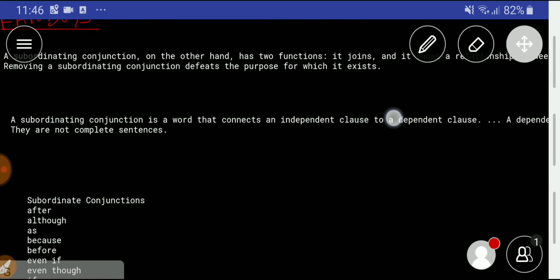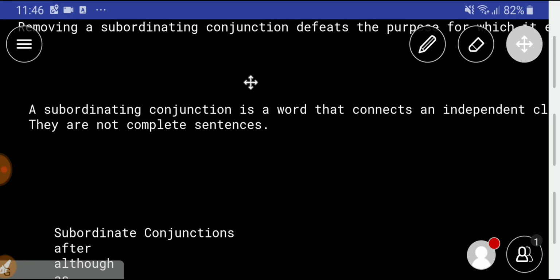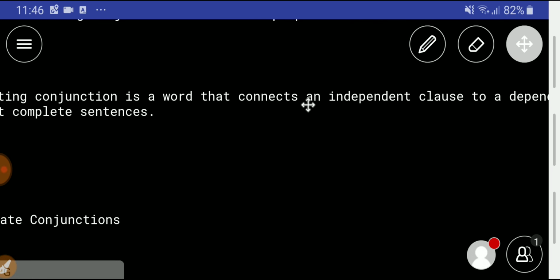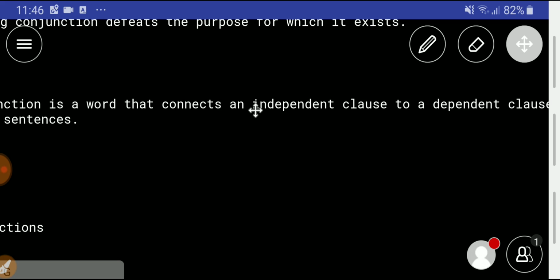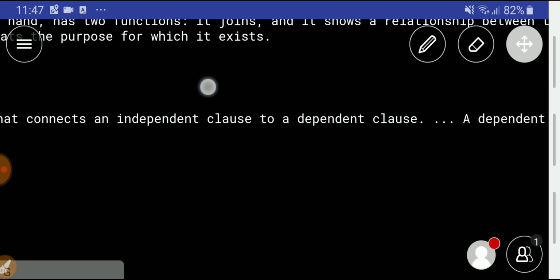Let me tell you another definition. A subordinating conjunction is a word, a part of speech, that connects an independent clause to a dependent clause.